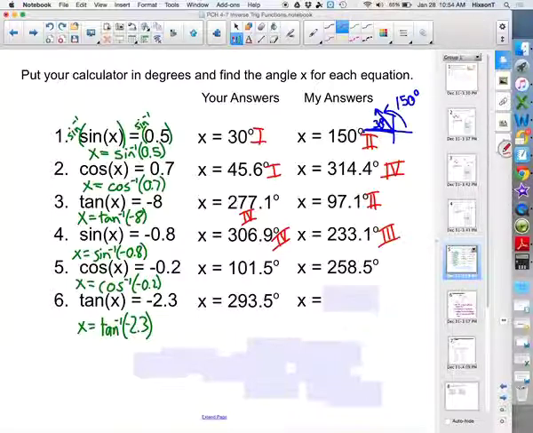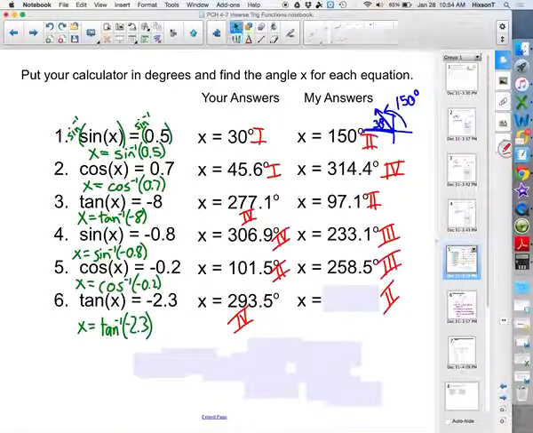Second and third. Now, tangent. Where is tangent negative? In the second quadrant and in the fourth quadrant. This one's in which quadrant? Fourth quadrant. So this angle should be in the second quadrant. Go ahead and take a moment and find it.